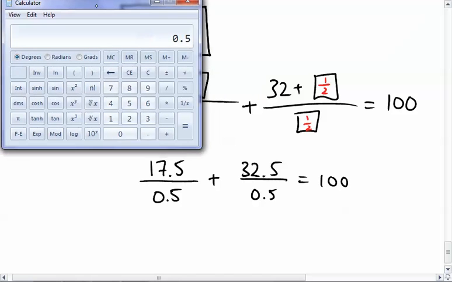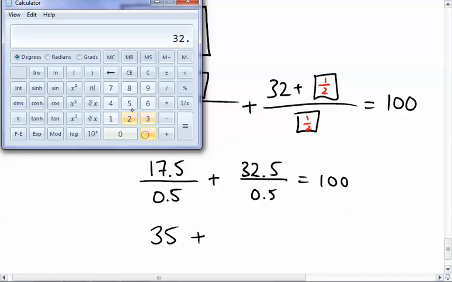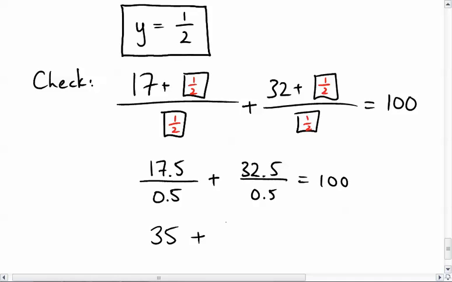Okay, so 17.5. When you divide by 0.5, it turns out it's the same as timesing it by 2. We get 35, which is double 17.5. 32.5, when we divide it by 0.5, it's the same as timesing by 2. We get 65.